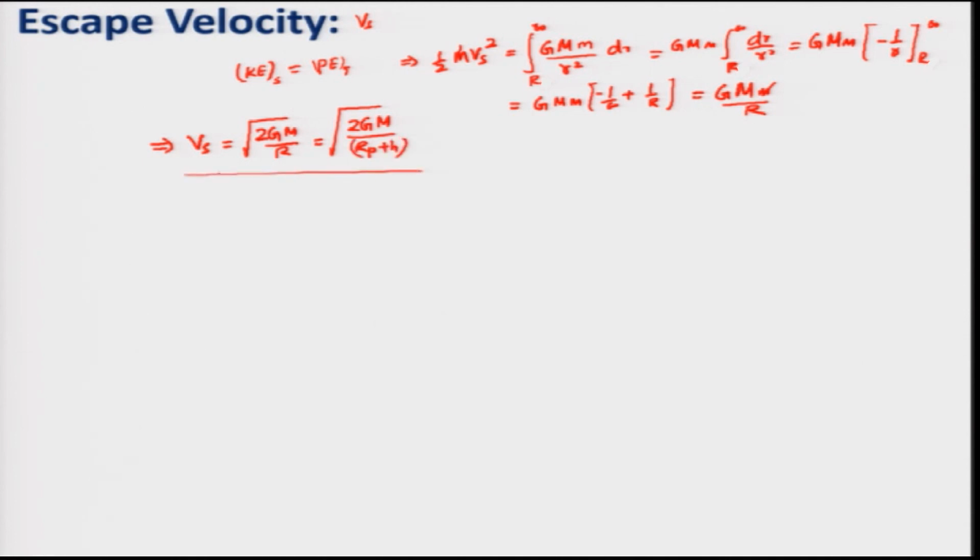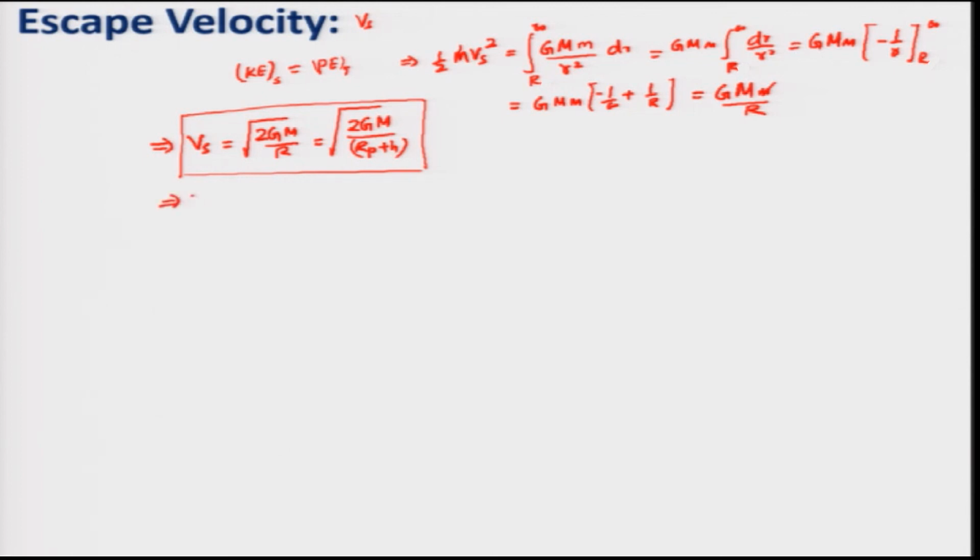So, we state that the escape velocity is dependent on the altitude, and it is also dependent on the orbital velocity. Interestingly, if you look at this, root over G M by r p plus h is nothing but V naught.